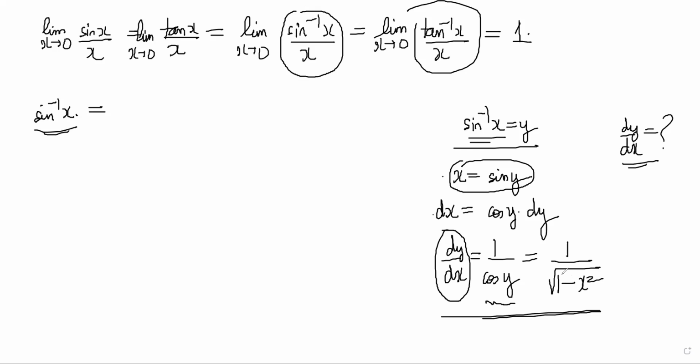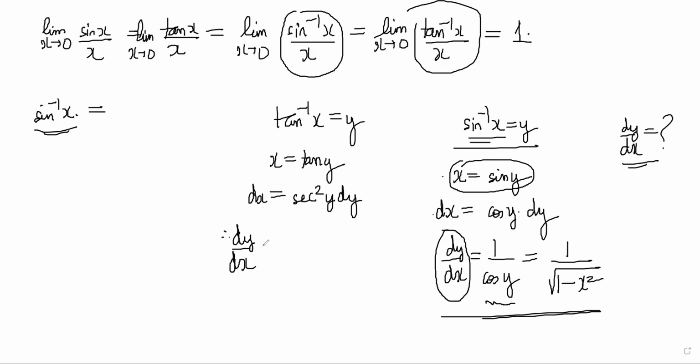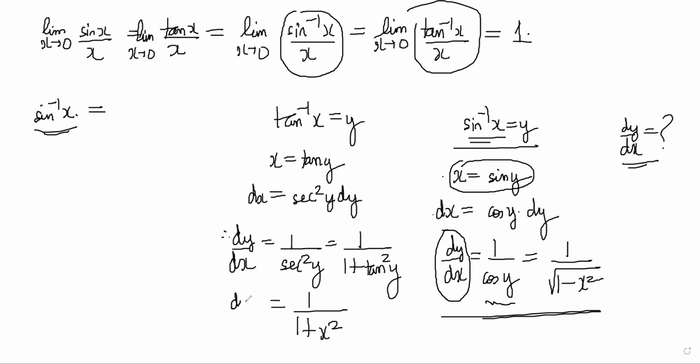Similarly, if I have to do the differentiation of tan inverse x, I will say x is equal to tan y, and dx should be equal to secant square y dy. Therefore, dy by dx should be equal to 1 by secant square y, which is 1 by 1 plus tan square y, which is 1 by 1 plus x square. So these are the derivatives.